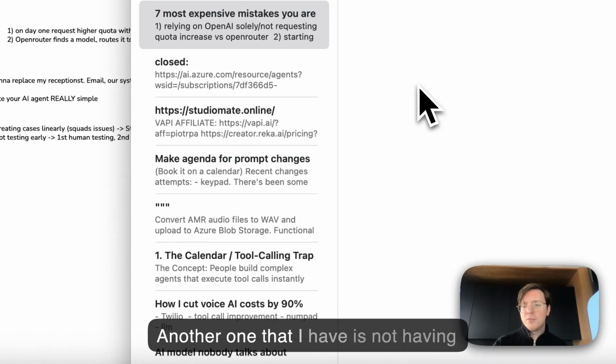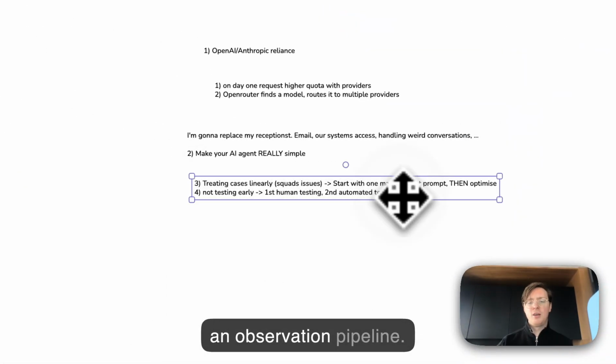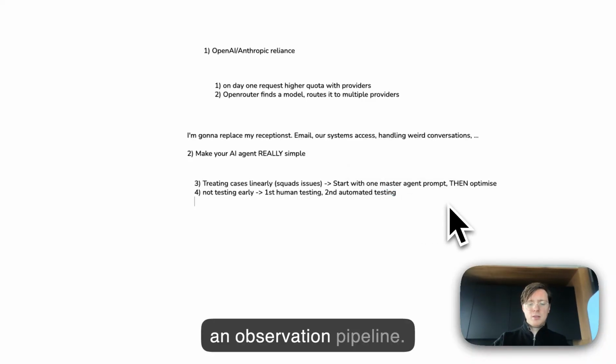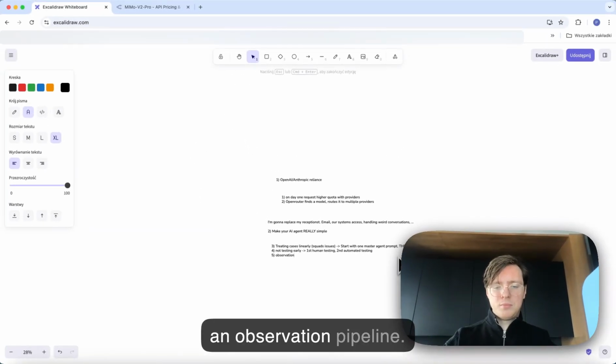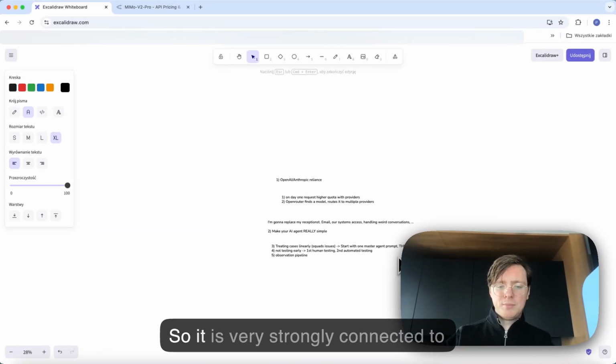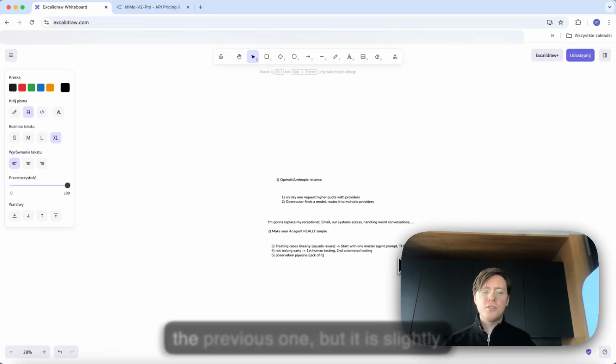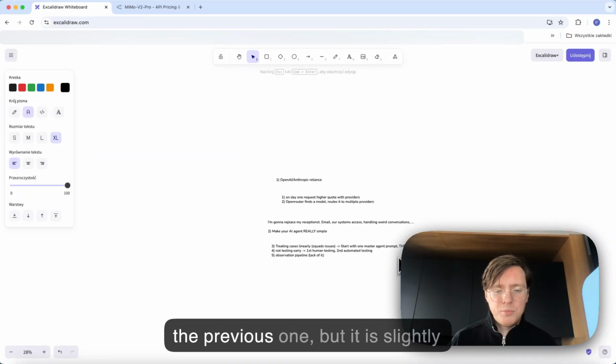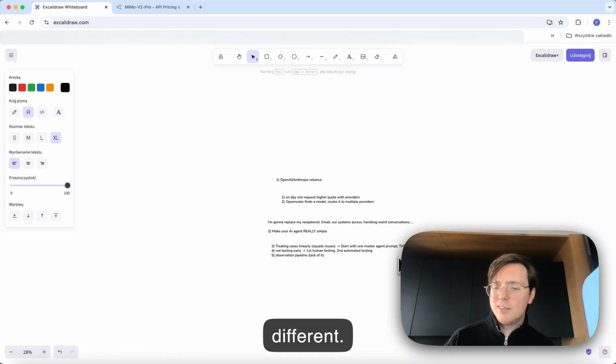Another one that I have is not having an observation pipeline. It is very strongly connected to the previous one, but it is slightly different.